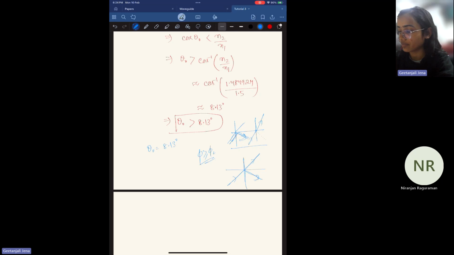It's an evanescent wave, but it's not the other way around. If it's not satisfying TIR, then there will always be refraction, not reflection. But in case of TIR, there will be refraction as well as reflection. Okay, I hope it's clear.